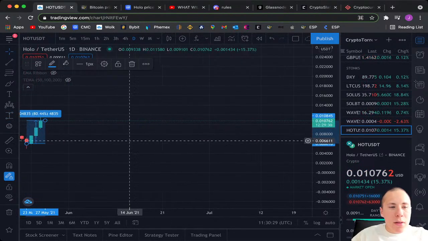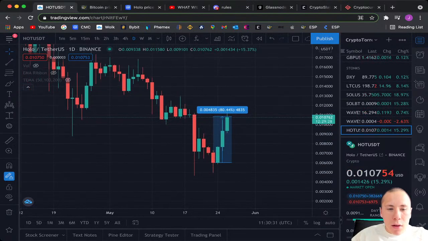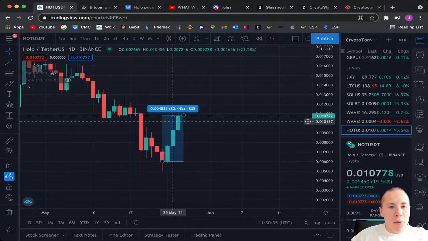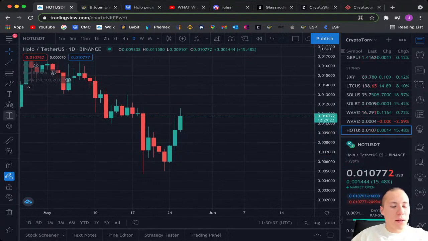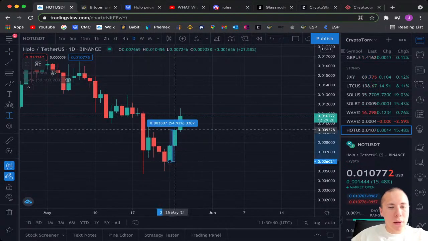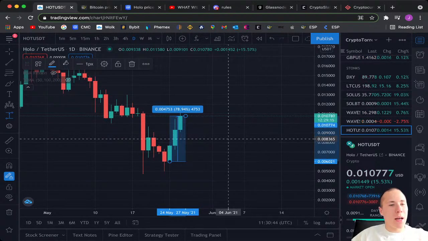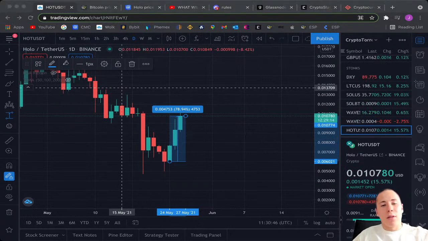That's not possible. 80%. I do not think this is the right measurement. It is saying that this is an 80% move towards the upside. I personally think this is just quite crazy.